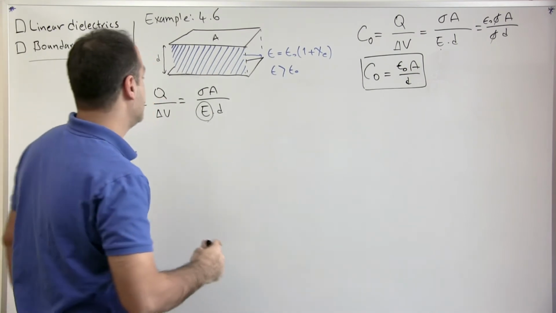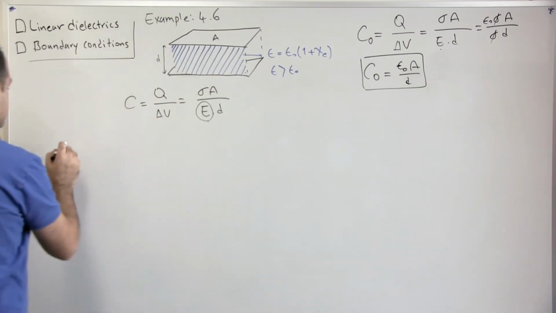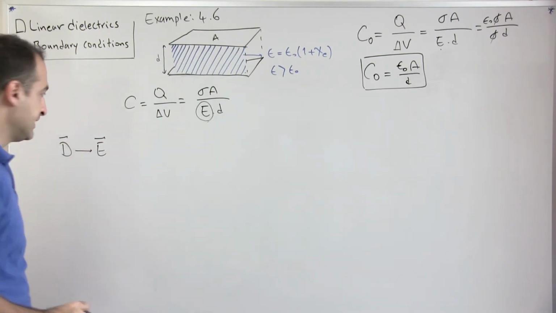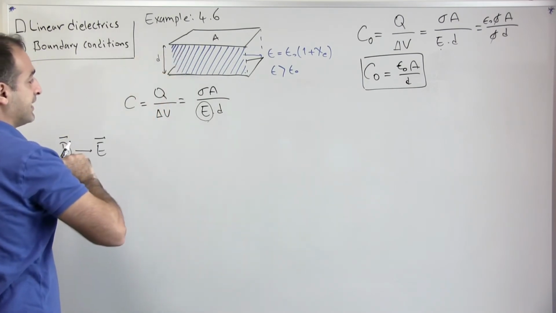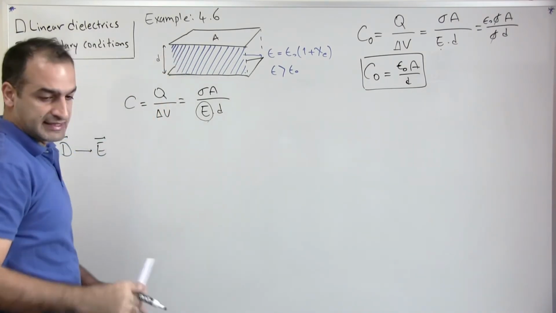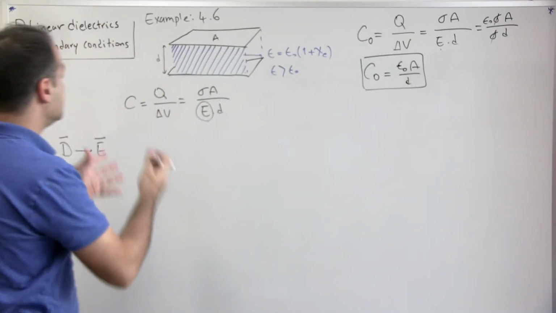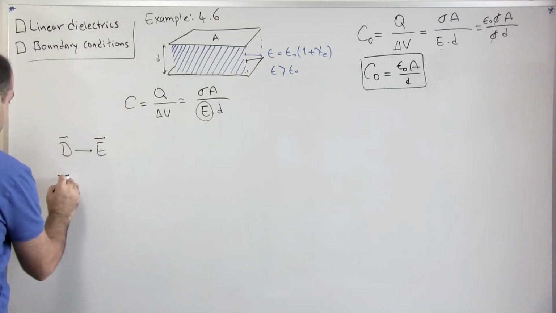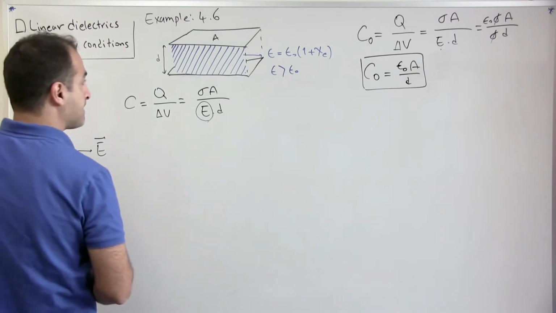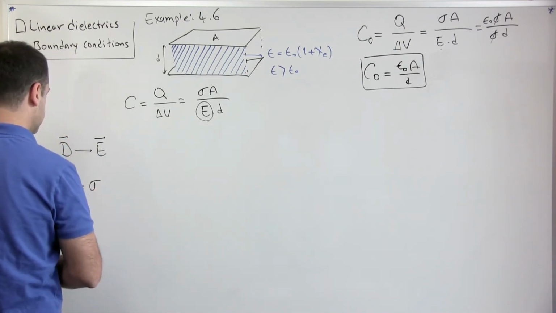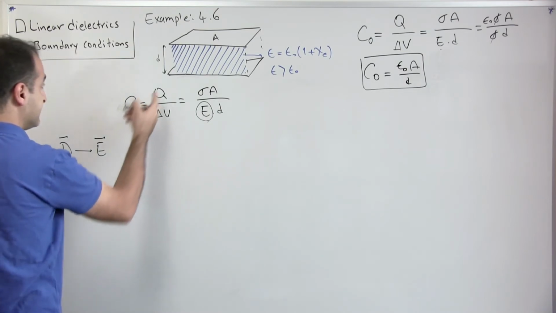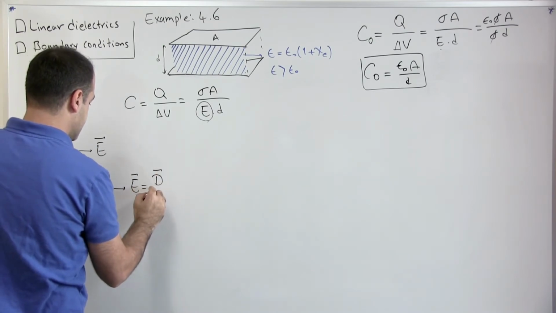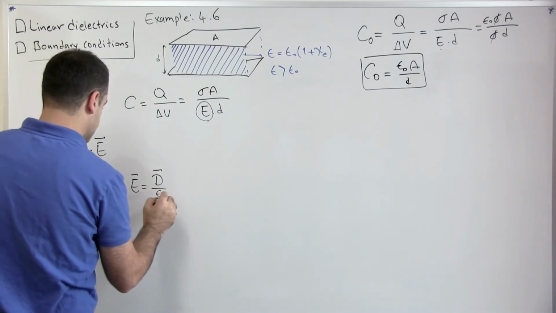So if we want to calculate E, we should first calculate D, and then from D we can calculate E. And if we look at these parallel plates, we can do exactly the same type of calculation we used to do in terms of choosing a Gaussian surface. The electric displacement becomes sigma, and the electric field inside this dielectric, E, is D divided by epsilon.